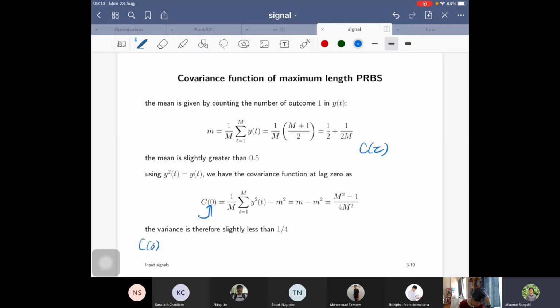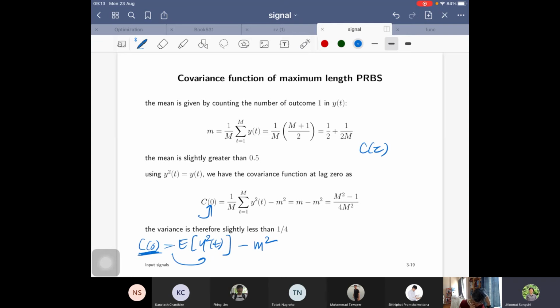We use the identity that for a random process, the covariance at lag 0 is given by the second moment minus the mean square.